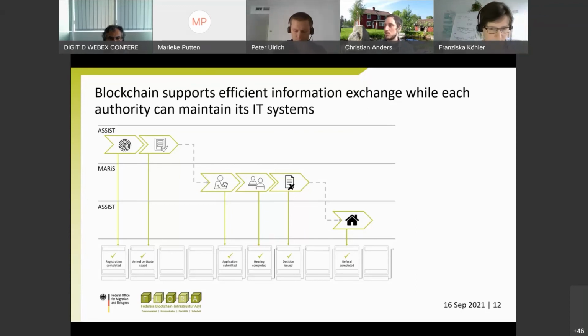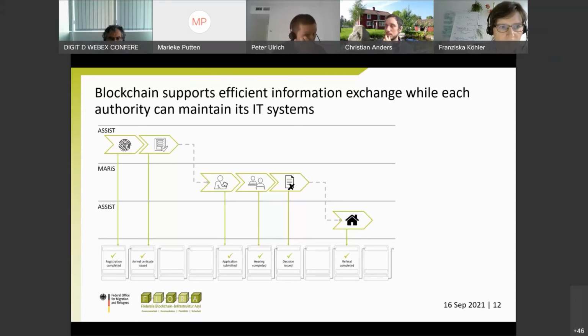And then when the jurisdiction is handed back to Saxony in a later step, the assist system is responsible again. As you can see here, the systems themselves are utilizing the blockchain, but remain the main systems we used within the process management.